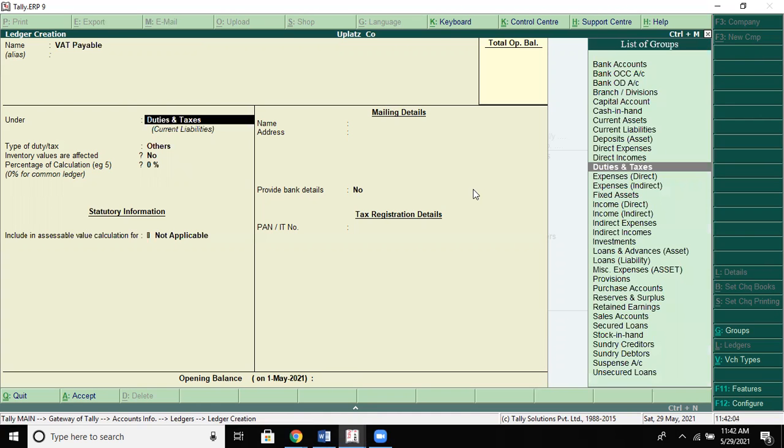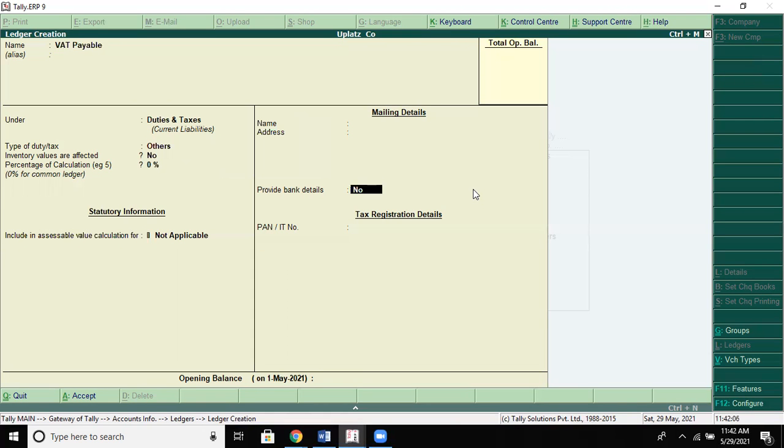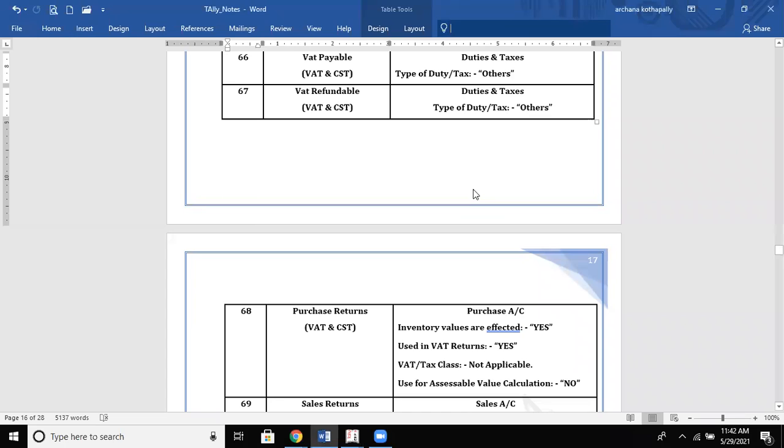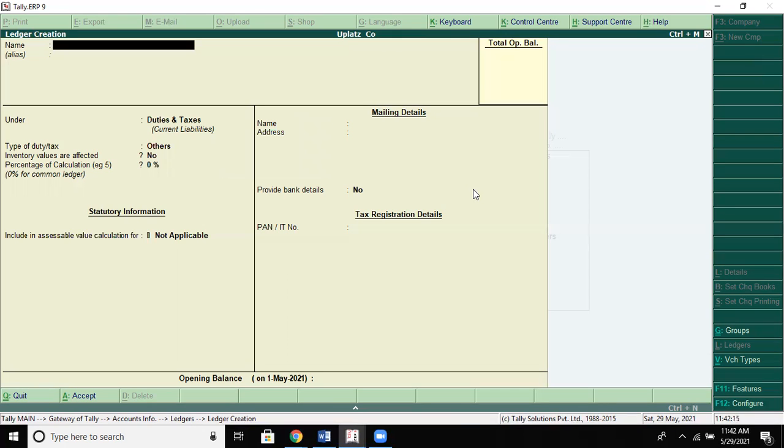Type of tax would be others, as of now. Include in assessable value, as of now no. Next, along with payable, there will always be a refundable also. If we pay any tax higher than our payable tax, then you get a VAT refund. So it will be under duties and taxes.